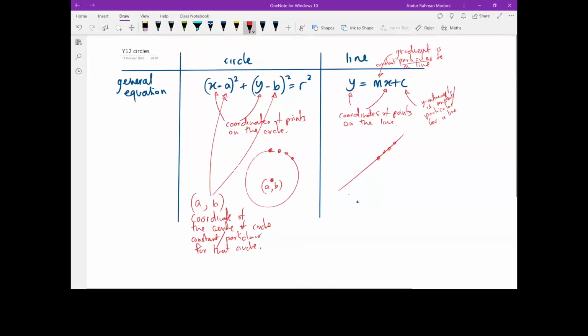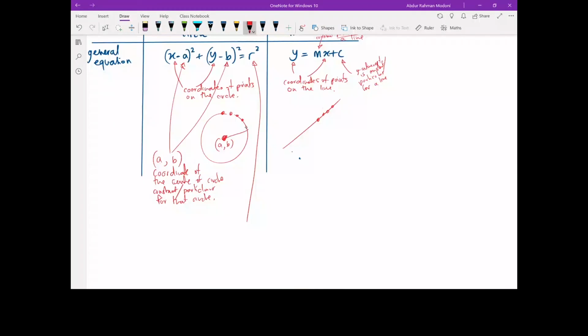And then we've got r here, which is the radius. And this also, as you can imagine, once we know a circle, it'll have a particular size, and that radius will fix that size. So the circle won't get larger or smaller, it will remain that same size.